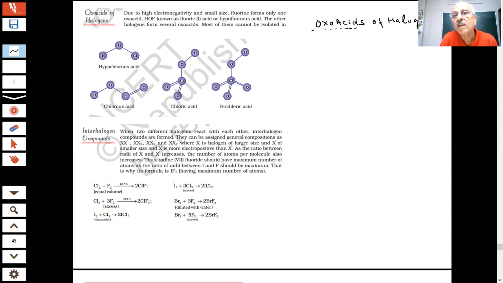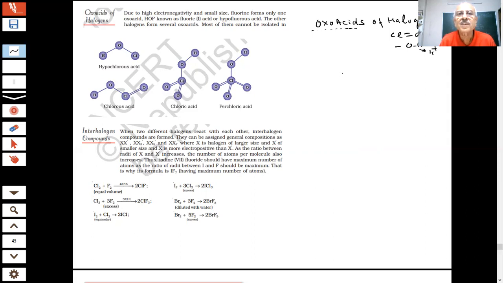Oxo means there is going to be a double bond, and when I say acid, we expect ionizable hydrogen, which is always with oxygen, because it has to be with some electronegative element. Then it can be ionized and released. Oxygen can pull the electron, and H plus can come.